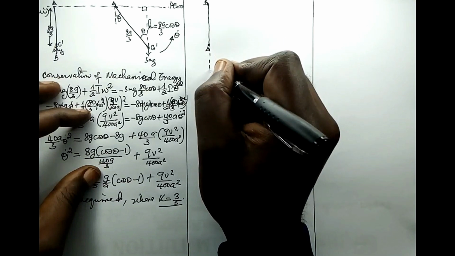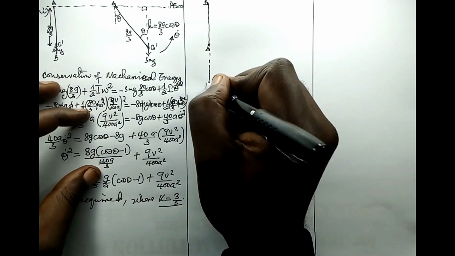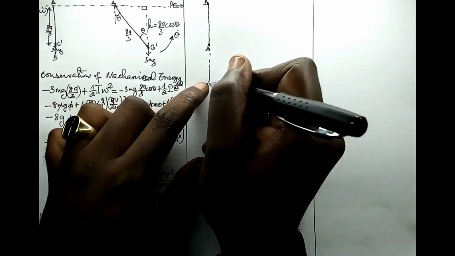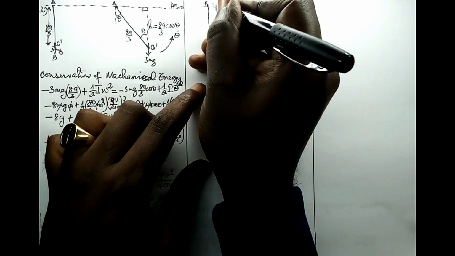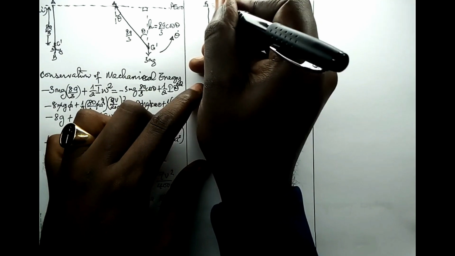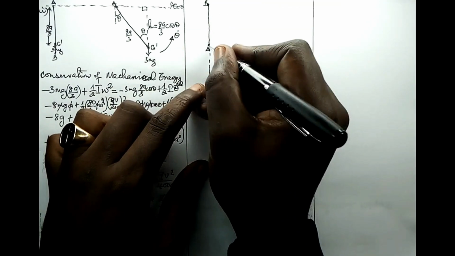Remember, the initial position was down this way. B was here. So the rotation has taken place until it finds itself now at this top, vertically above A.